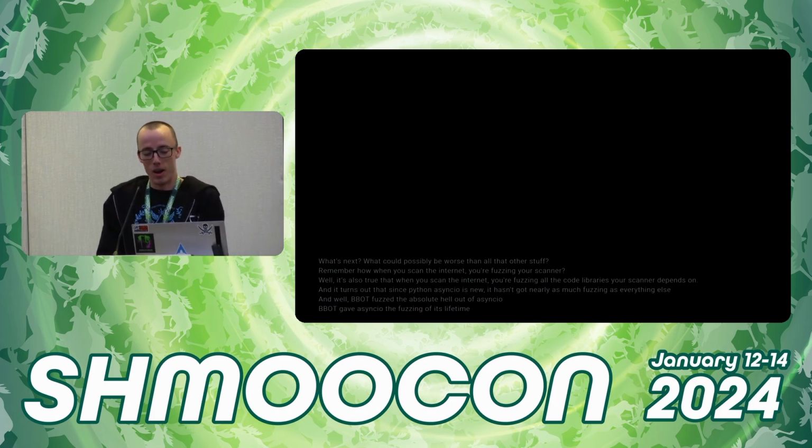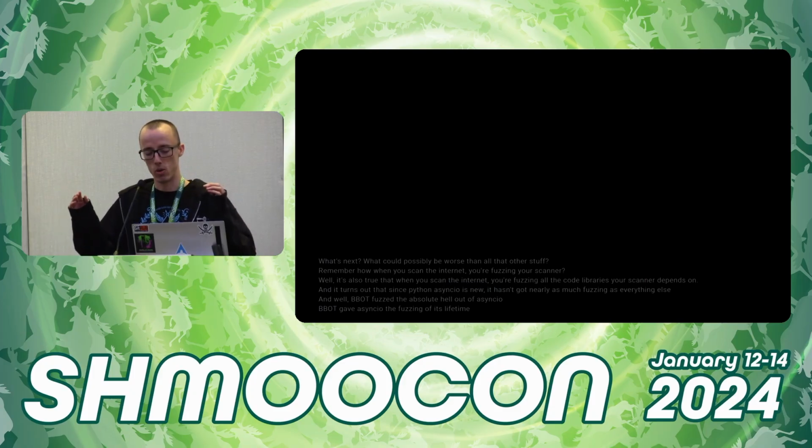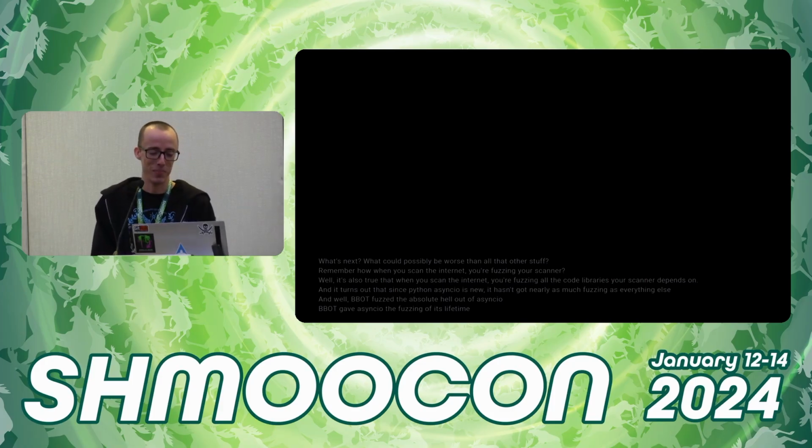So it turns out that when it comes to Python, the async I/O part of Python is newer than the rest, meaning it's not as mature. So Python async I/O hasn't gotten nearly as much testing or fuzzing as the rest of Python. When we overhauled BBOT to use async I/O, we fuzzed the absolute hell out of it, and we gave async I/O the fuzzing of its lifetime.